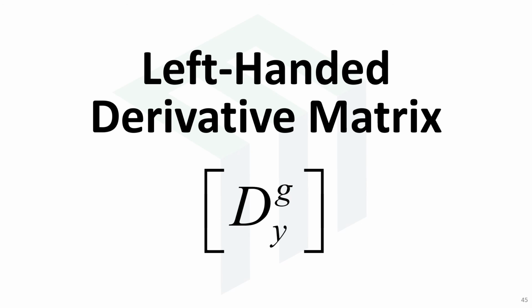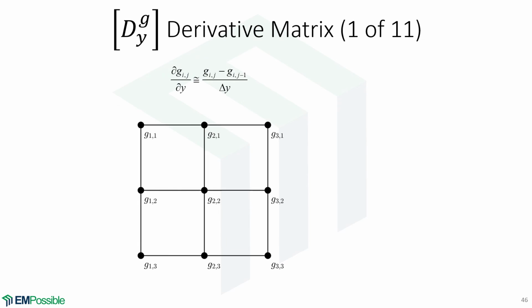Left-handed derivative matrix, DGY. So we have a 3x3 grid, the same one we've been working with. And here is our finite difference approximation for G in the Y direction. So now we're not taking derivatives horizontally. These are derivatives in the vertical direction.